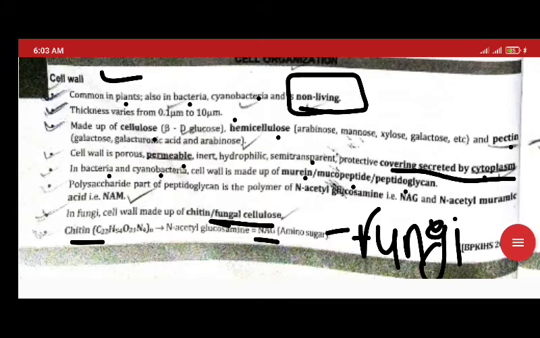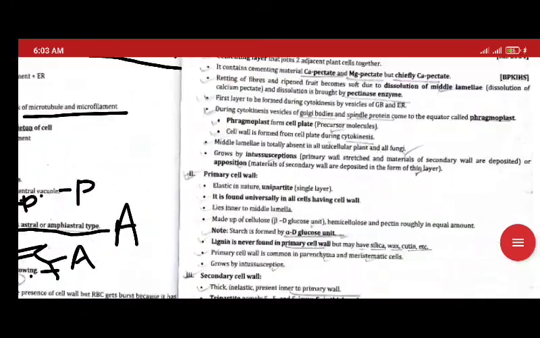So cellulose is also a type of glucose polymer. Cellulose is the beta D glucose type, and peptidoglycan is contained in bacteria. So peptidoglycan for bacteria contains what? NAG and NAM, and NAG is also contained in fungi.